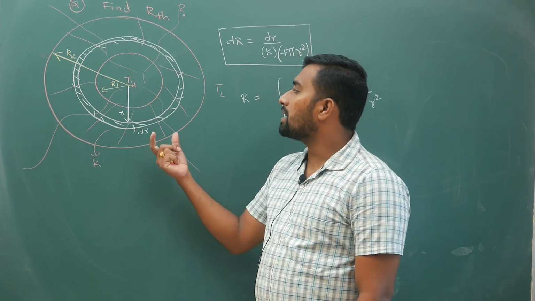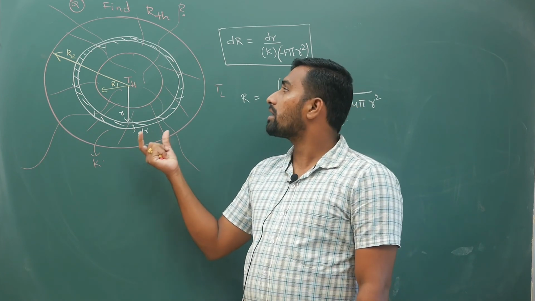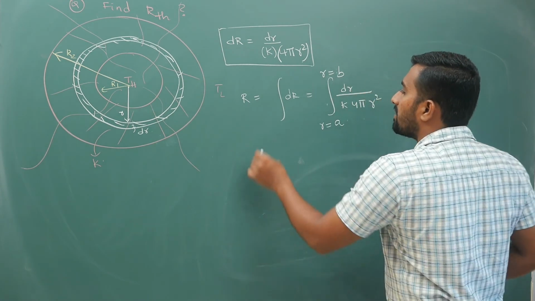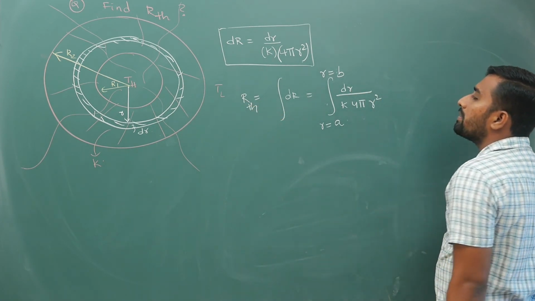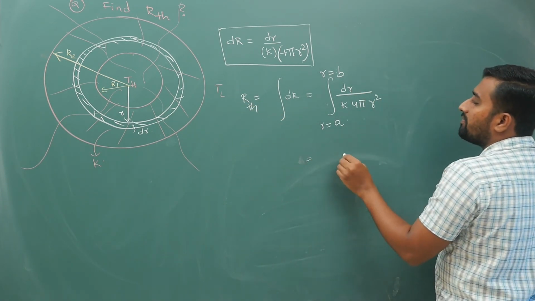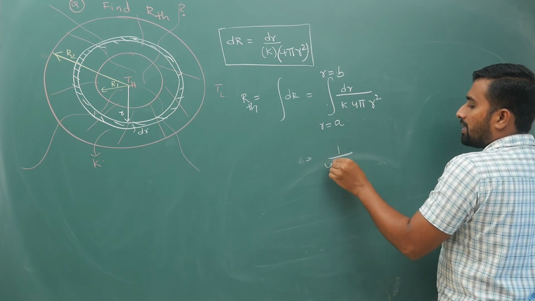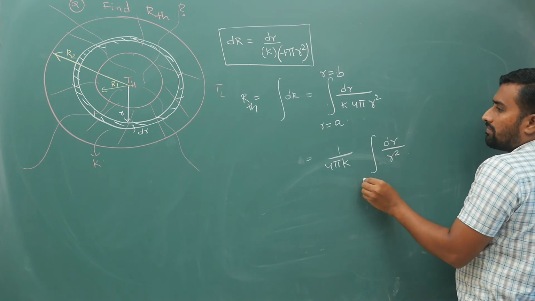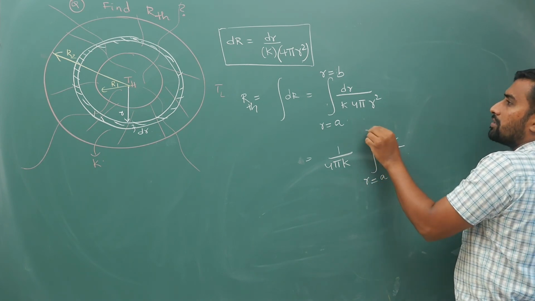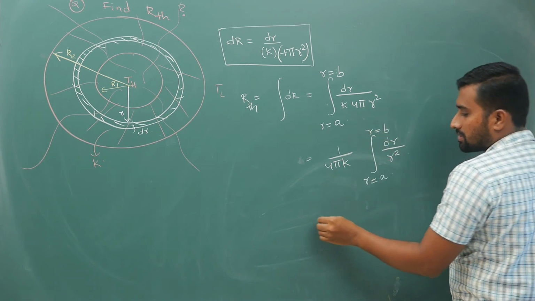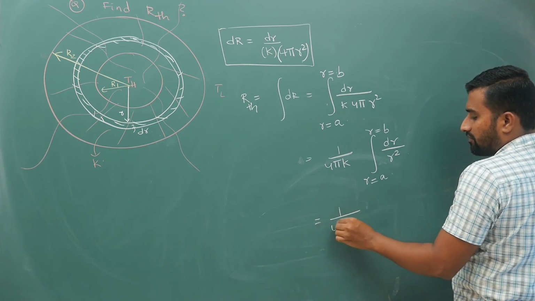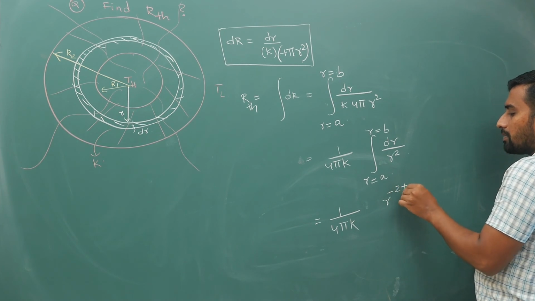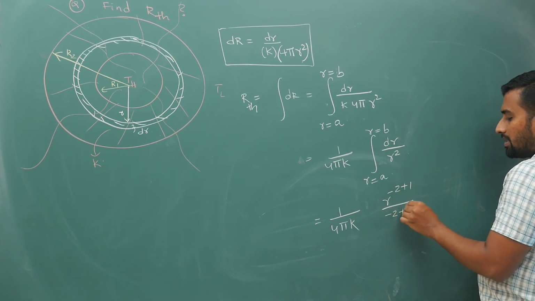For a spherical element like this, your thermal resistance is defined like this. That much if you know is more than enough. So that gives 1 by 4 pi K times the integral of dr by r squared, where r is varying from A to B. That gives 1 by 4 pi K times the integral of dr by r squared, which is r to the power minus 2 plus 1 by minus 2 plus 1.